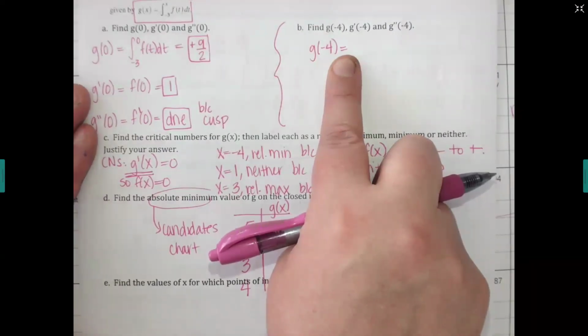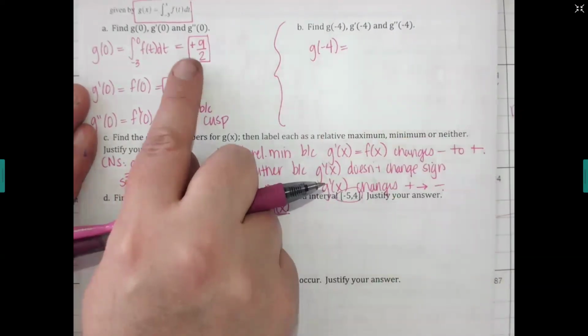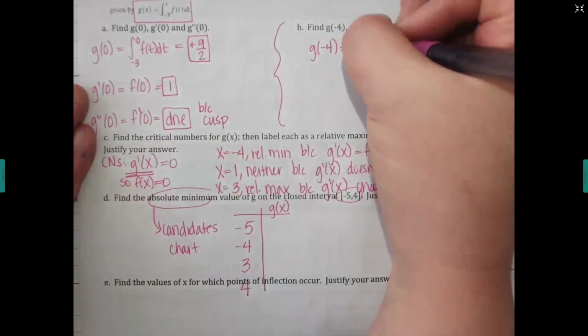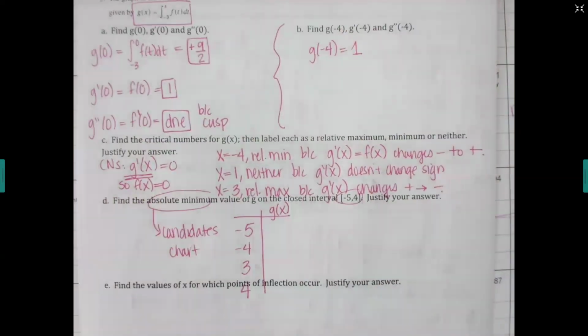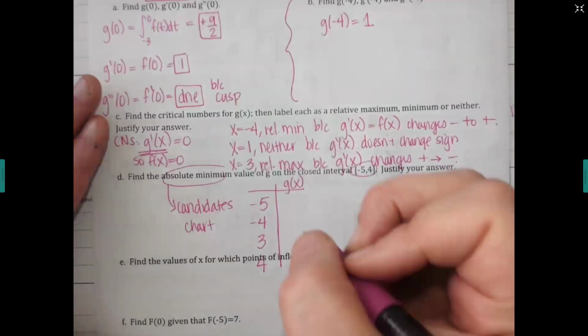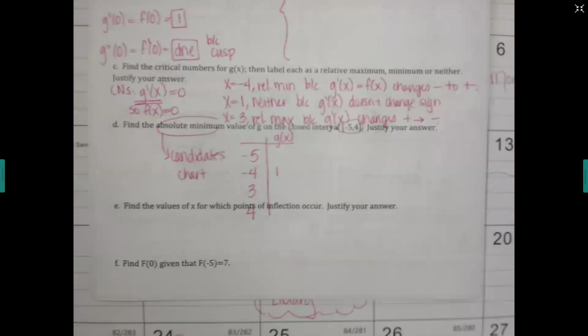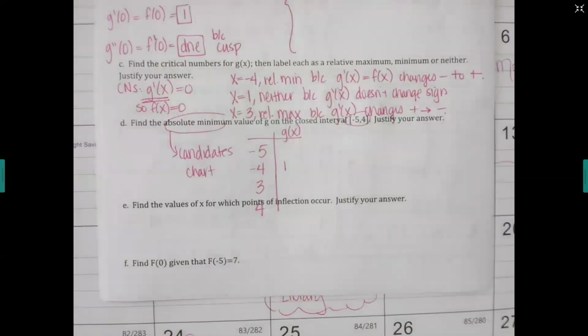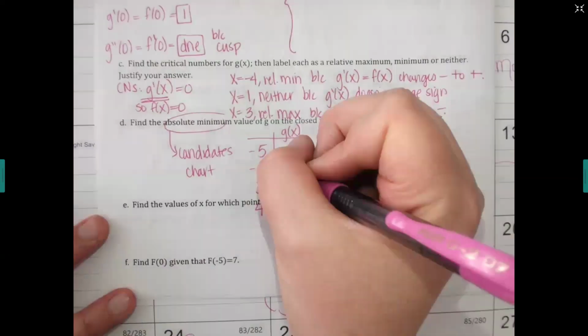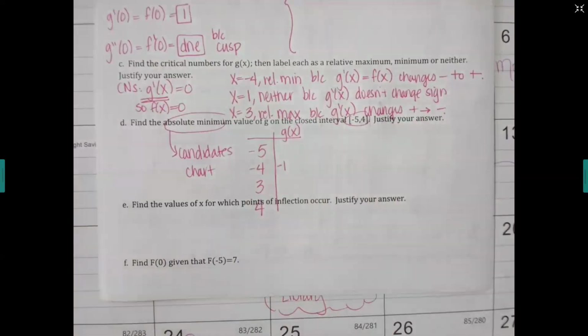Yeah, it's 1. Because we're doing this one here. It's -1? Thank you. All right, so then we have 3 more left to find.